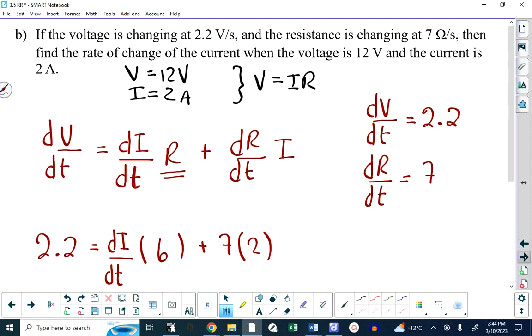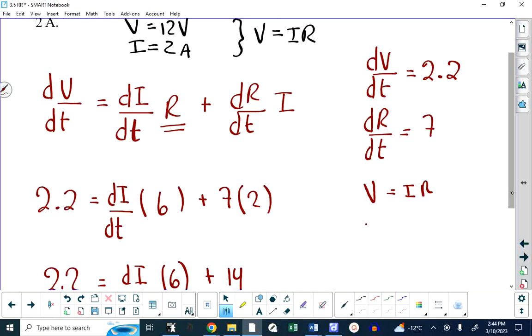And the reason why is I don't want you to think you could do this in this question. Would you agree this is a true statement? Up here I say, oh, the current is 2. Do you see where it says the current is 2? This is a brutal mistake. And then you differentiate that. Because the current is changing, you can't put in a value for it at the beginning. You have to wait until afterwards.